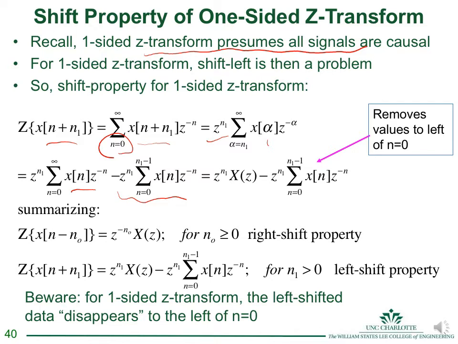And so again, this first term gives us the z transform, z to the n1 power times X of z. But the adjustment here to remove the left half of the sequence is we have to subtract off values from 0 to n1 minus 1 of x of n times z to the minus n, again, times z to the n1.